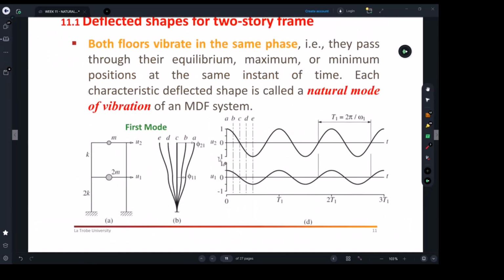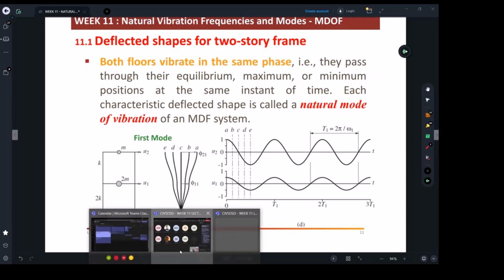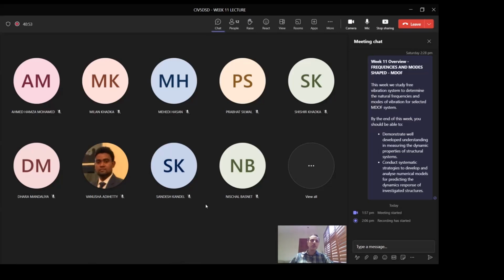And just to give you a bit of a heads up, which I will be talking more about next week, you will definitely have a question related to multi-degree or 2 degree of freedom systems in the final exam.